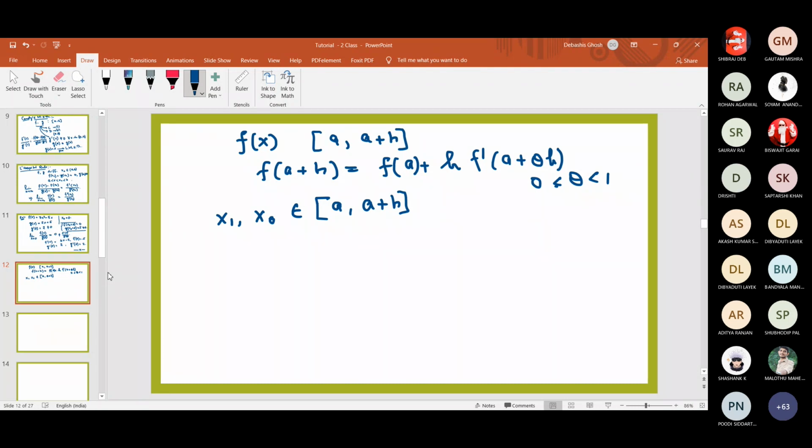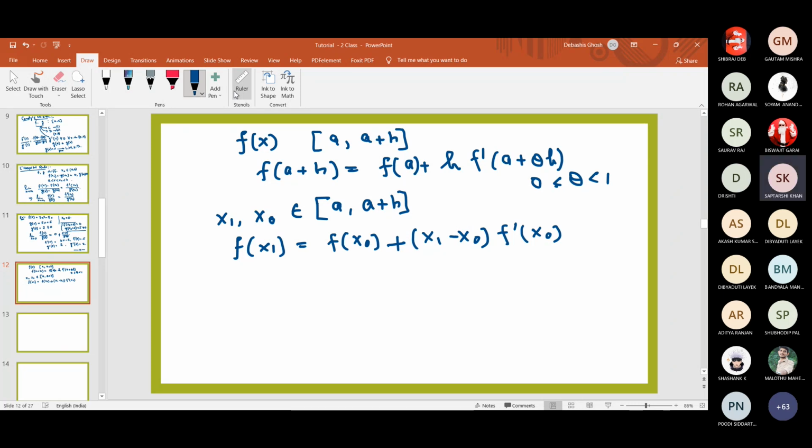So we have f of x1 equals f of x0 plus x1 minus x0 into f dash of some point. We can consider these two points lying between a and a plus h, so we can take that point to be x0, because that will also exist in this open interval a to a plus h.